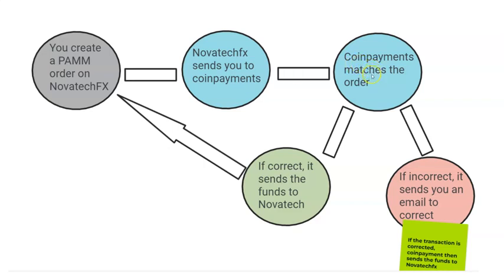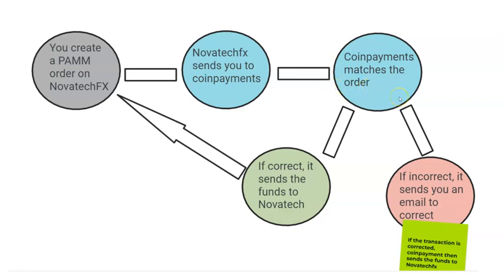COINPAYMENTS is tasked with matching what you send in for your Novatech FX PAM order with what was actually requested. Now, if you complete everything as requested and the order matches, it sends the funds over to Novatech FX at that time, and they no longer have a hand in what's happening.